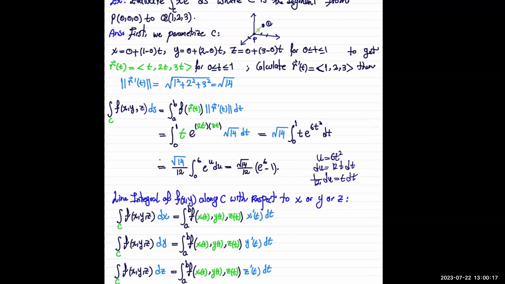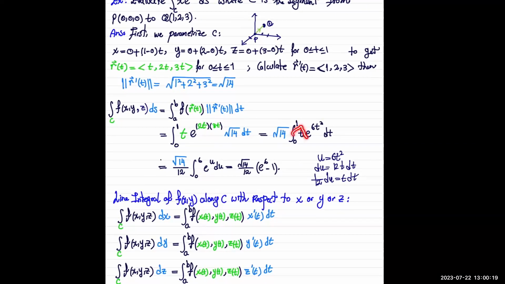So this t dt is going to get replaced by 1/12 du. And the 1/12 is, again, a constant factor that you can kick out of the integral. So t is gone. That's just the 1/12 du. You have e to the power of 6t squared, which is just e to the u.